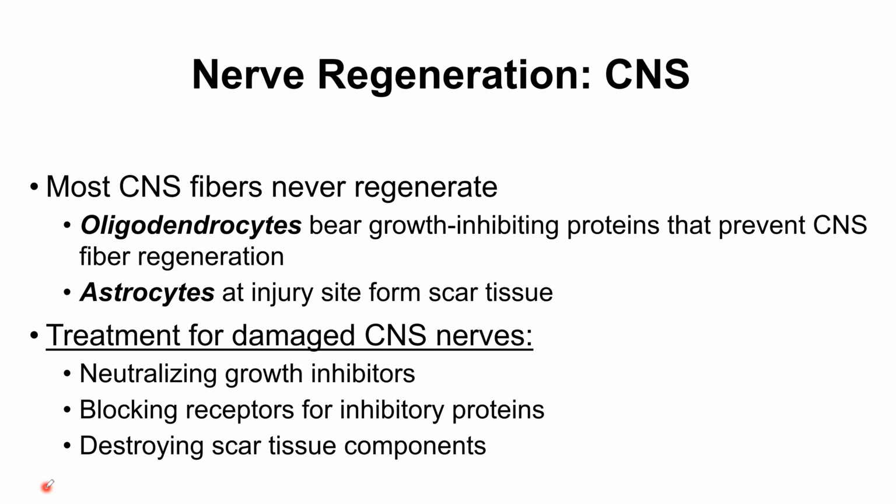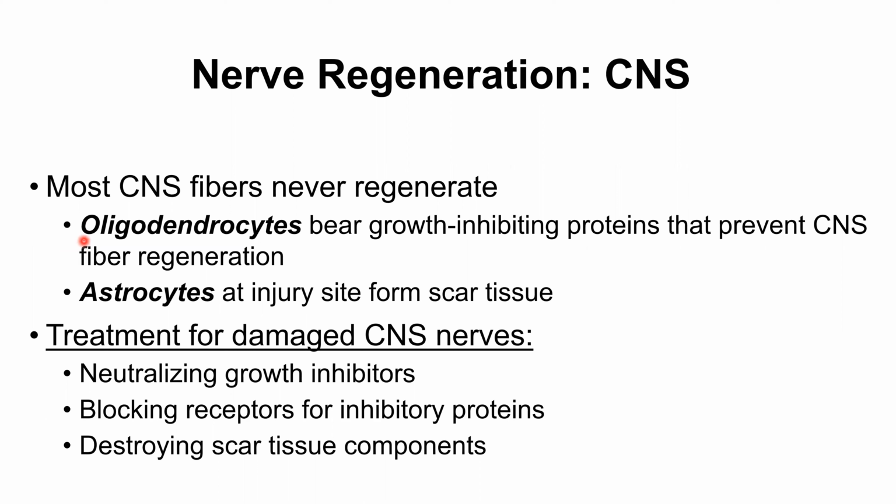So most CNS fibers never regenerate. And the reason for this is actually because of oligodendrocytes. If you guys remember what oligodendrocytes do, these are the myelin-making cells of the central nervous system. These oligodendrocytes actually have a protein that is a growth inhibiting protein. And so because of that, these cells cannot regenerate the myelin once the sheath has been destroyed.